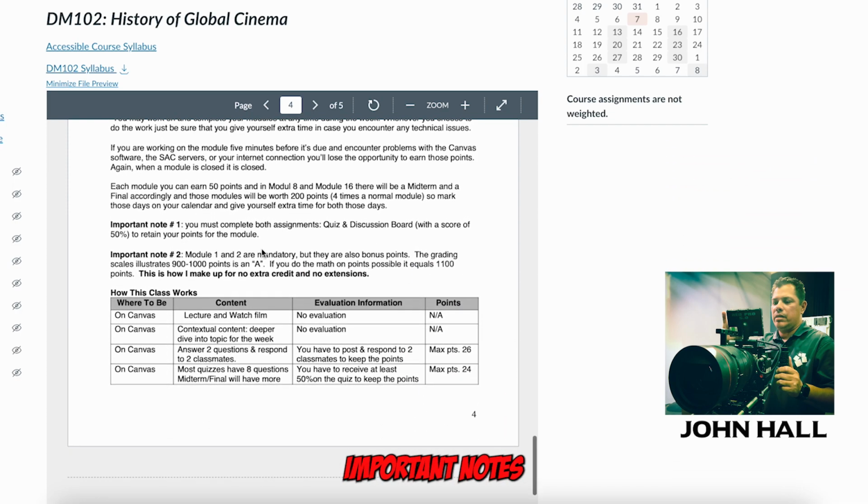So there are two important notes that I want to talk about before I go back to the grades or the actual points. Number one, in a normal module, you have a quiz and a discussion board, okay? You have to earn 50% or higher on both assignments in the module to keep any of the points for that module.